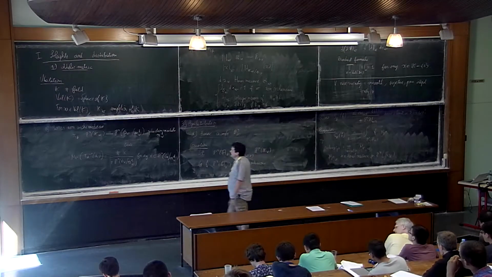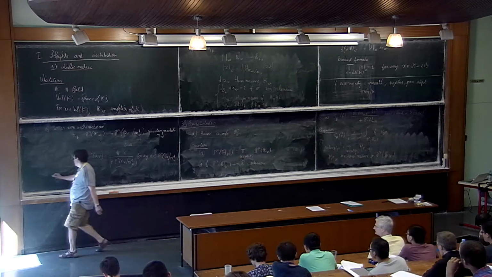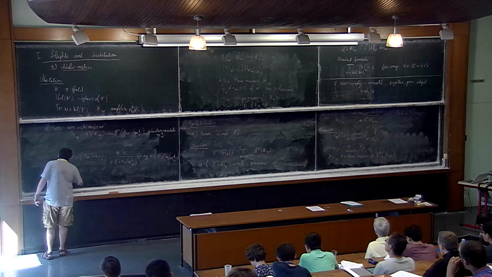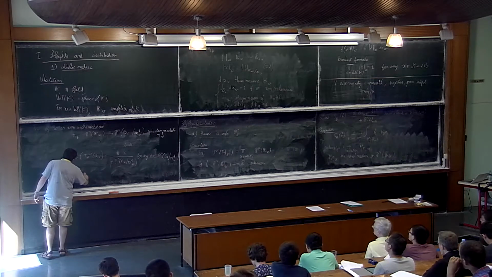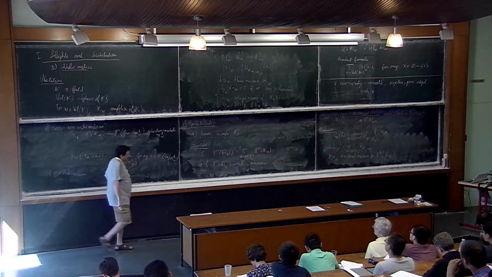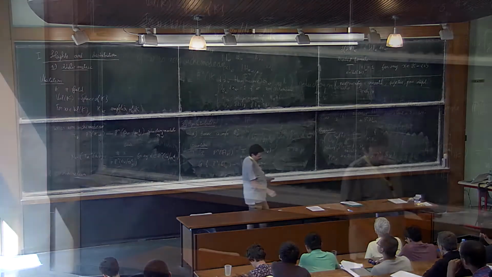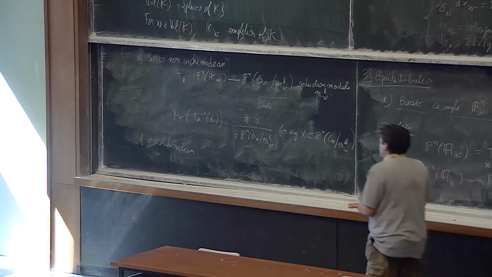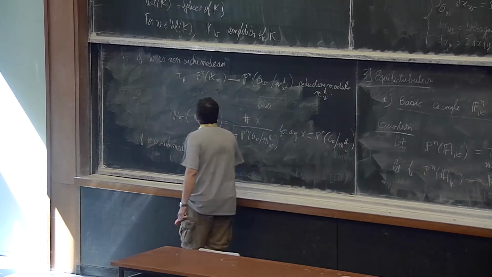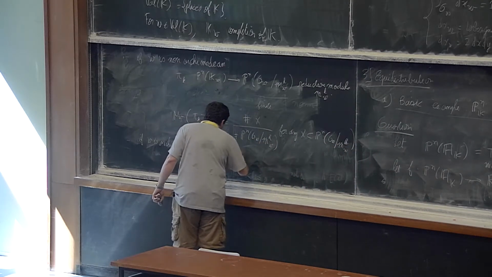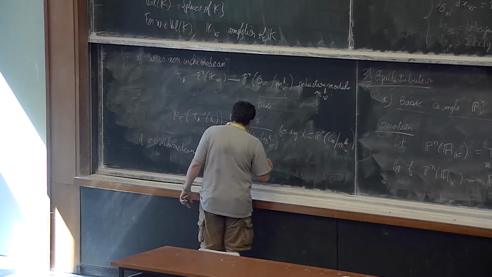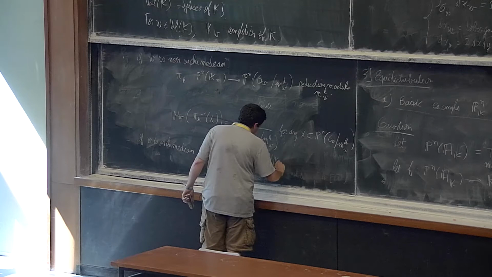Well, if W is Archimedean, then you have to do it slightly differently. So you have a map pi which goes from Kw at the power n plus 1 to Pn of Kw.